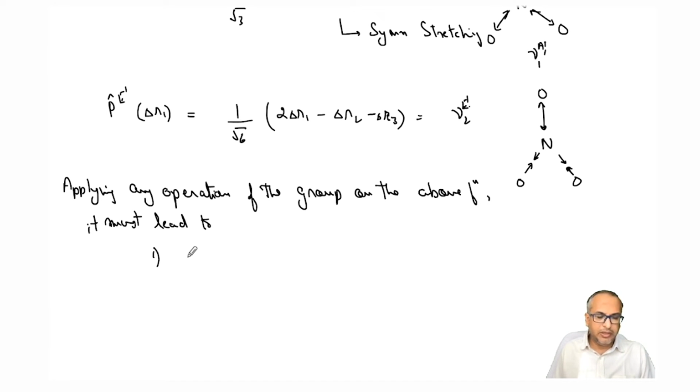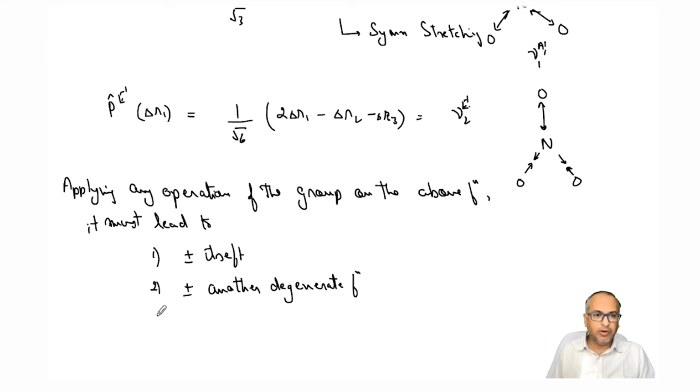there are three options. Plus or minus of itself, you'll get the function back with a plus or minus sign. The second will be plus or minus another, you may get lucky and you will get a degenerate function, the second function which you are looking for.